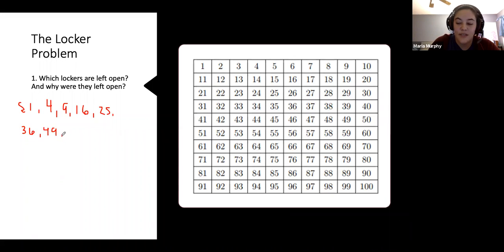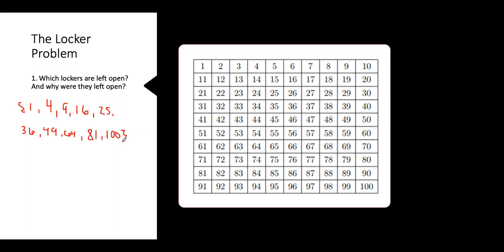And these we just discussed in the last slide. So 64, 81, and 100. And we've established that these are perfect squares, right?